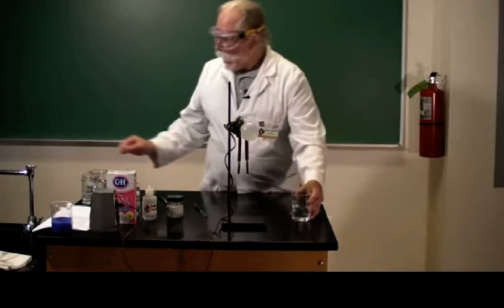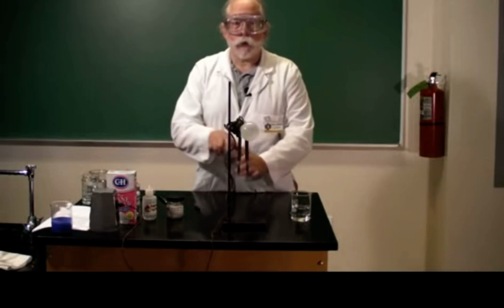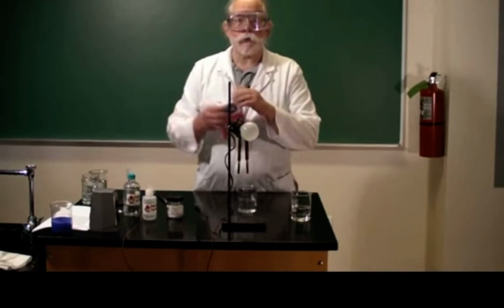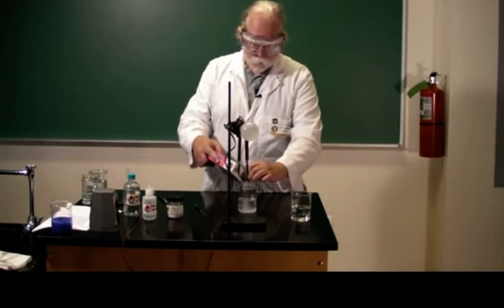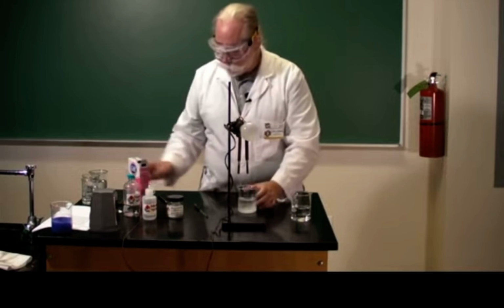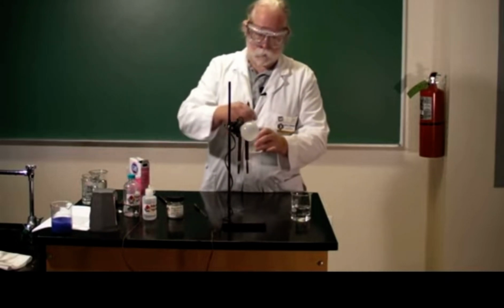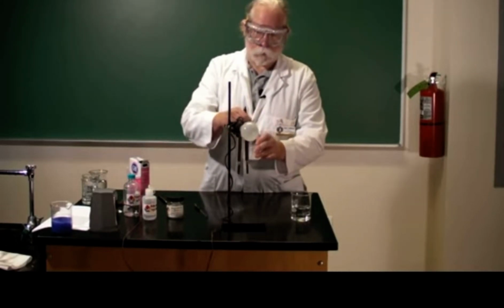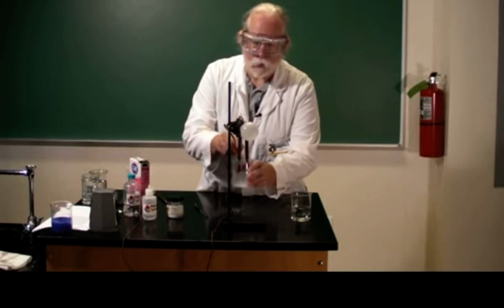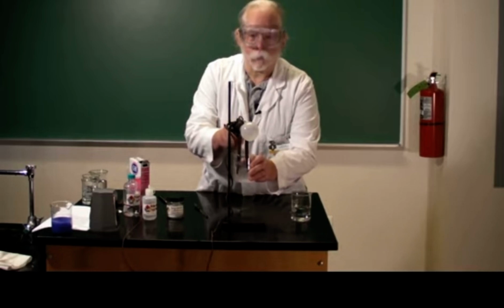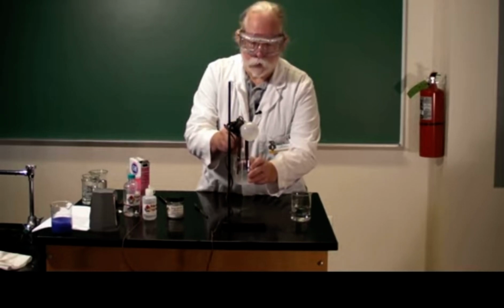The term non-electrolyte refers to a substance which dissolves in water but does not allow electrical conductivity. Here is some sugar, which I will dissolve in the water. As the sugar dissolves, the light does not light up, so sugar is a non-electrolyte.